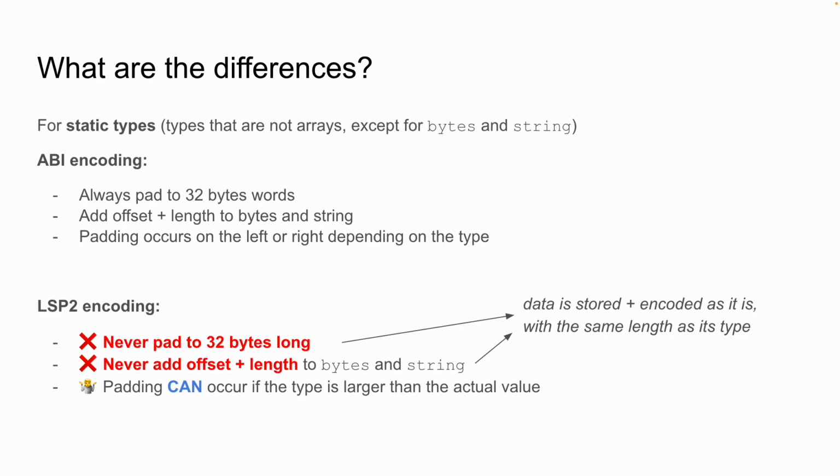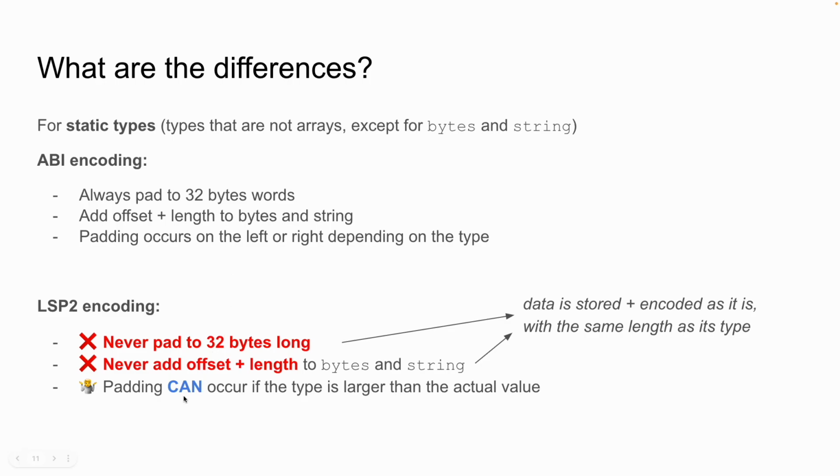As an example, and we're going to see it in practice in the next slide, if you encode an address with LSP2 encoding, it's going to encode 20 bytes. It's not going to add any 0 padding on the left, compared to the ABI encoding, which, as we saw, is going to add 12 bytes of 0 padding on the left to make it a 32 bytes long word.